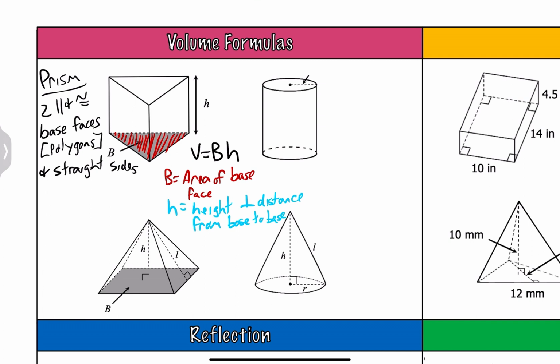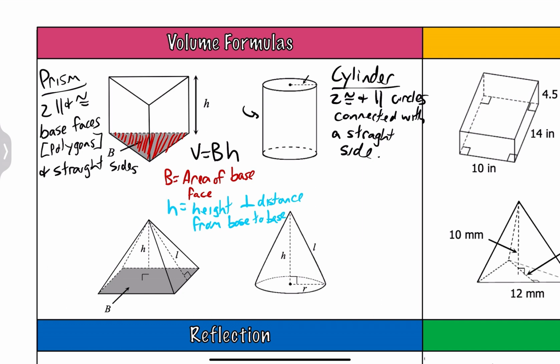Now, cylinders are very similar. A cylinder is what happens when you say you want a prism, but instead of polygons, it's circles for bases. So you have 2 congruent and parallel circles connected with a straight side.